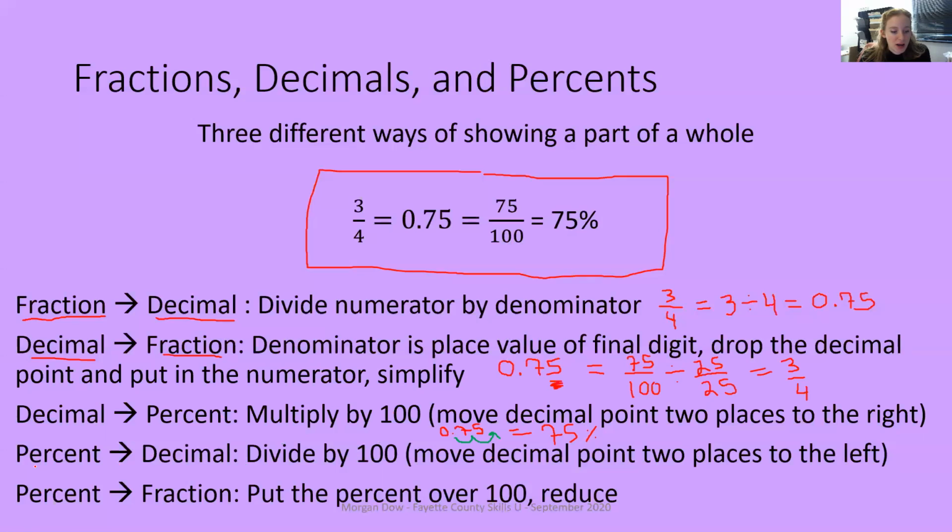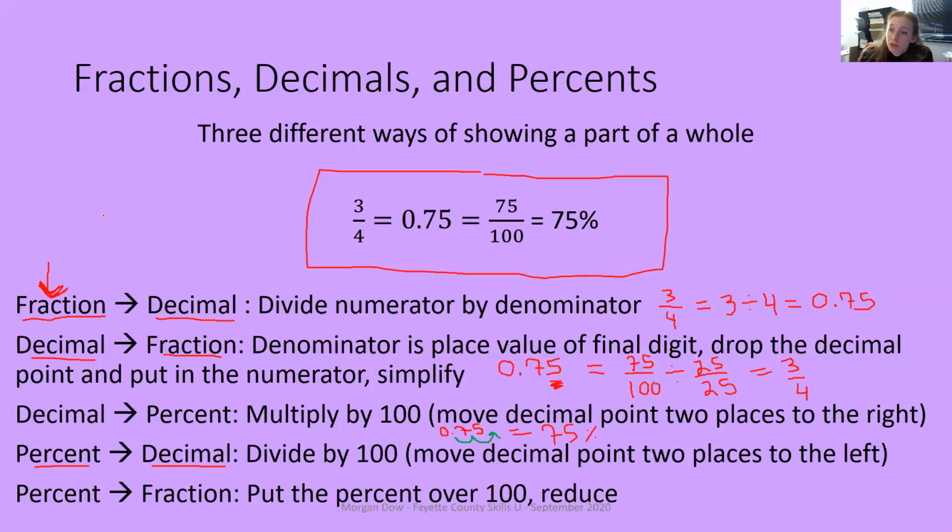Okay, now let's try percent to decimal, going back in the other direction. So if you have a percent, you want to change it to a decimal, you divide by 100. Now, this is really going back to our fraction rule, right? If a percent is just a fraction, to change it into a decimal, we would divide.